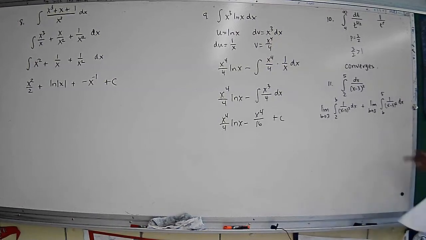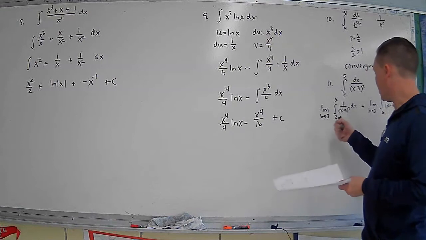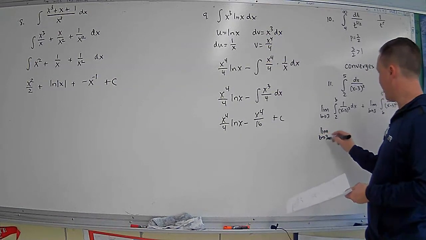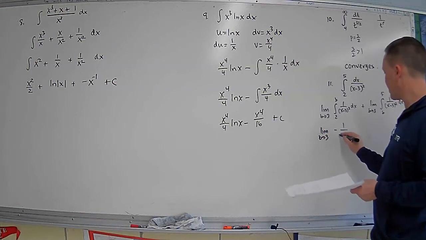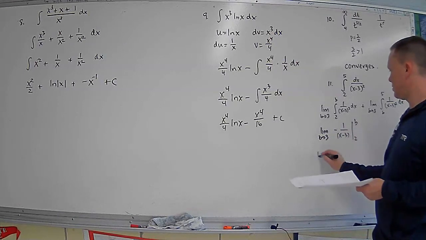Okay, and truthfully, what's going to end up happening here is we only have to do this first one because this one ends up being infinity. So the antiderivative of 1 over (x minus 3) squared is negative 1 over x minus 3. Evaluate that from 2 to b.